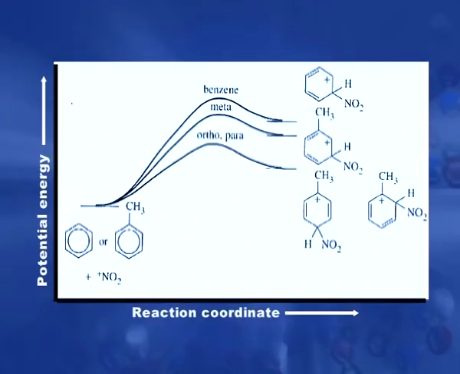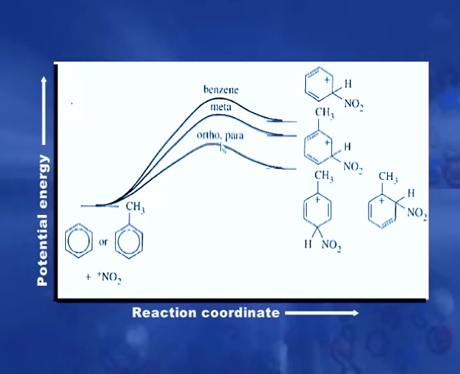So, now we can see the E activation curve for this reaction. This first curve is for benzene and these two are for toluene where the methyl group is present. Because the methyl group is electron donating, E activation is less than benzene.